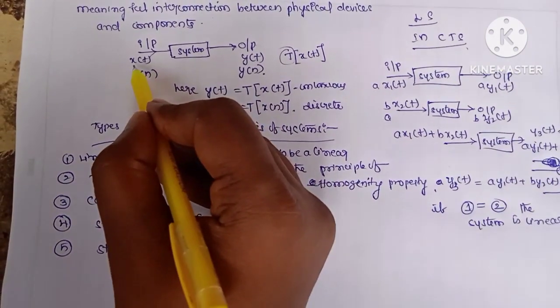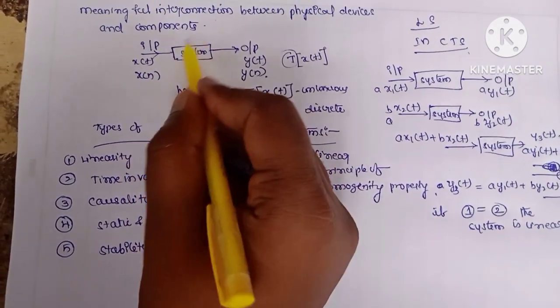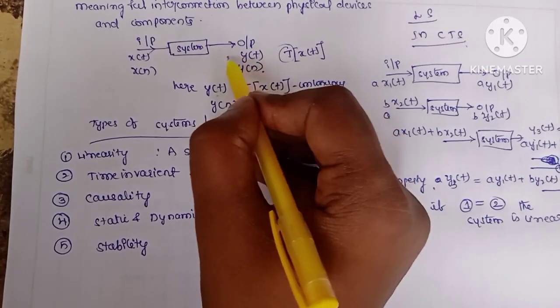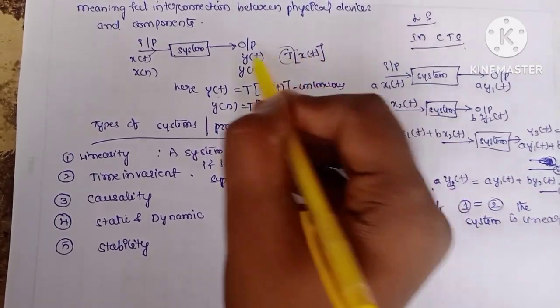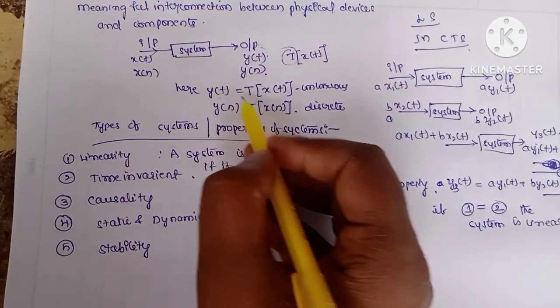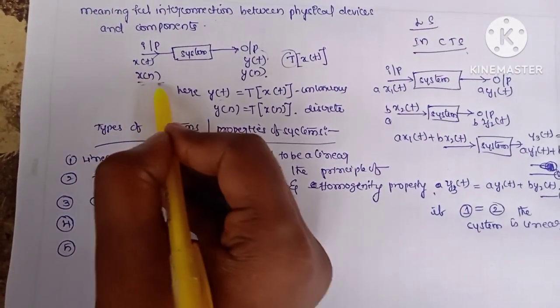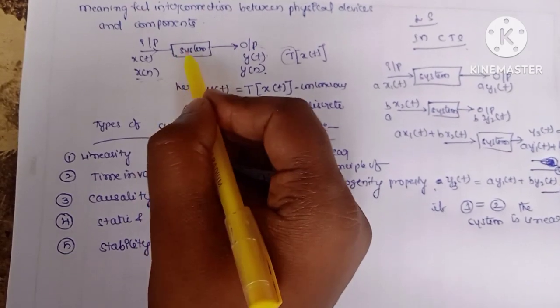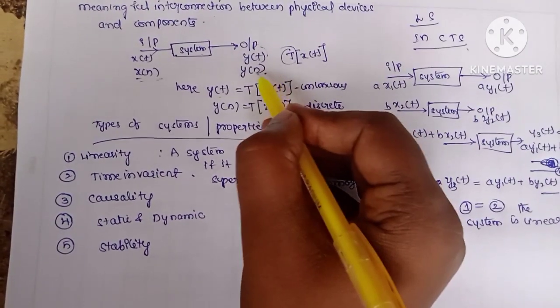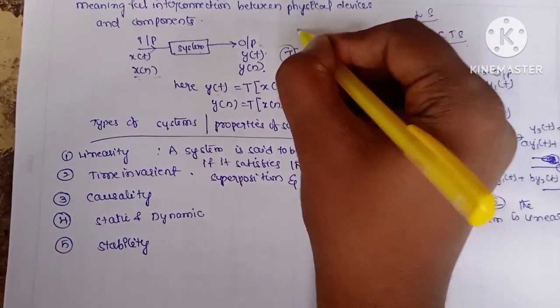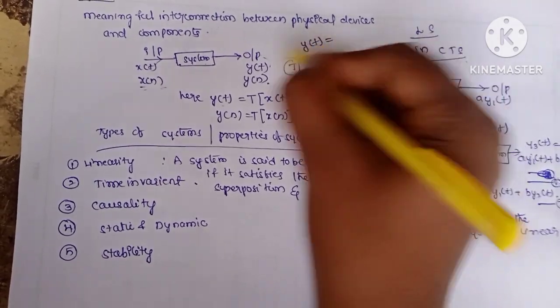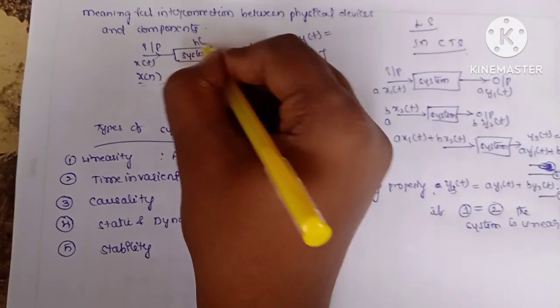So if we pass the signal x of t through the system, then it gives T of x of t, which is y of t. In discrete, if we give x of n to the system, it processes it and gives y of n.